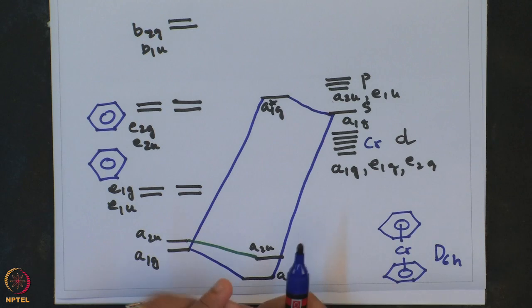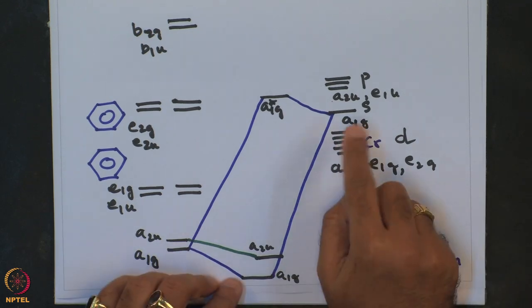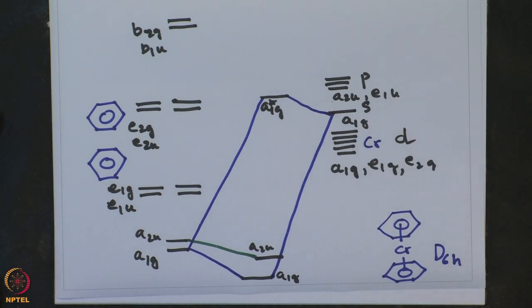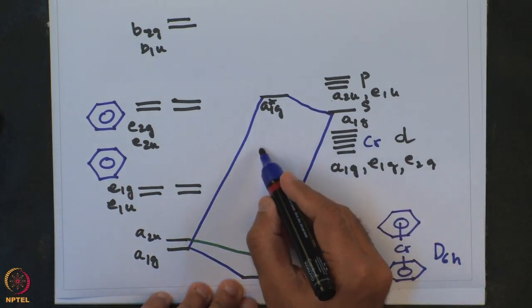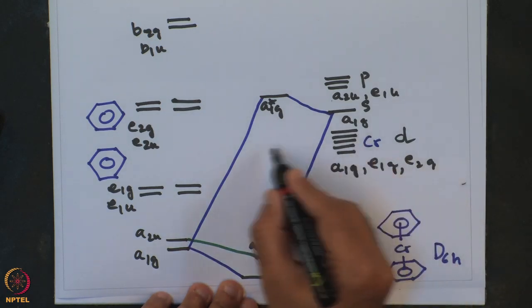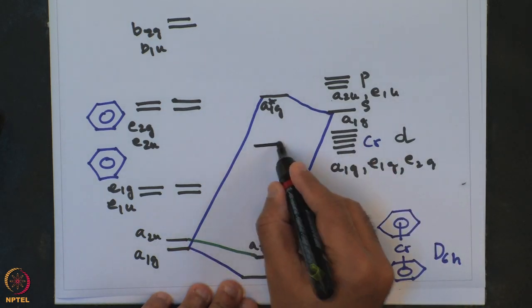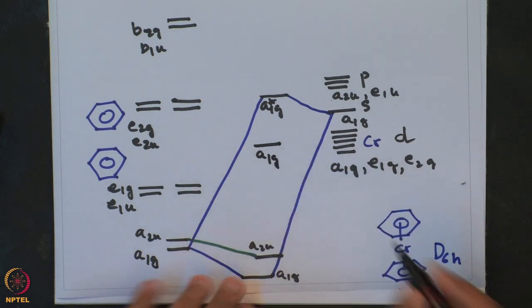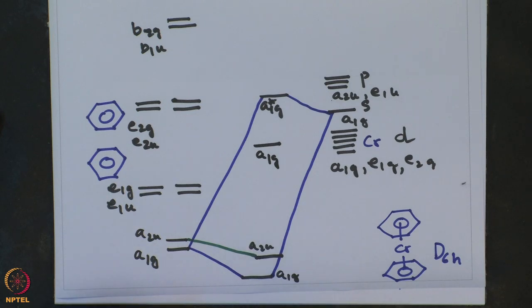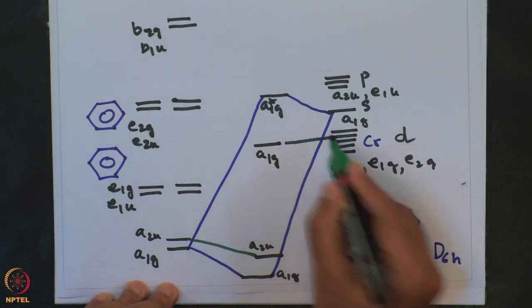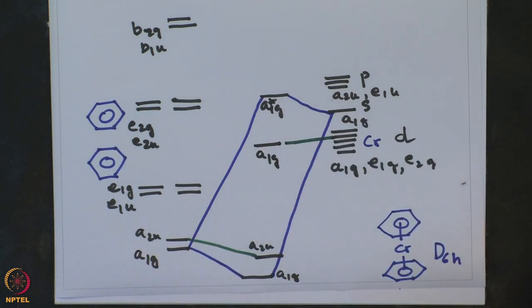As a result, the A1g of the metal d orbital remains non-bonding. All the non-bonding orbitals are shown in green.